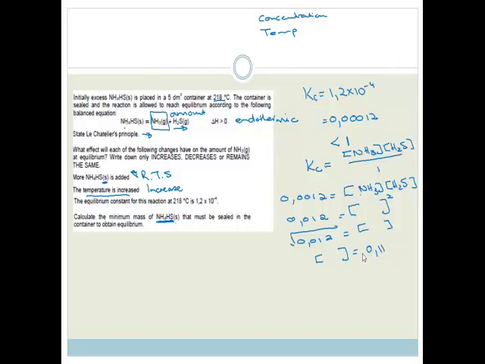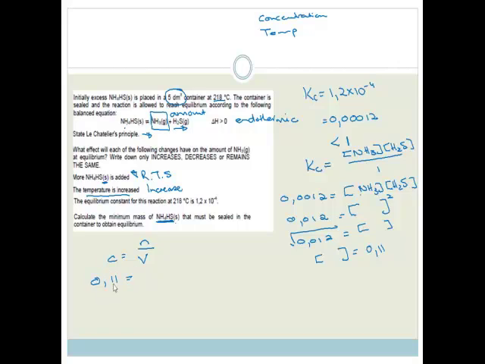We know that concentration is equal to number of moles over volume, and the volume is 5 decimeters cubed. So therefore we can get the number of moles of each of ammonia and hydrogen sulfide, because it's a 1-to-1 ratio, by substituting into this.